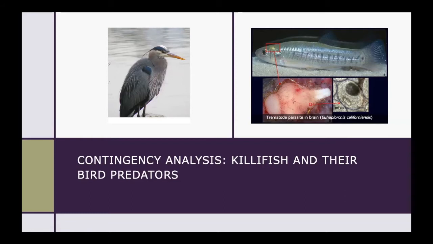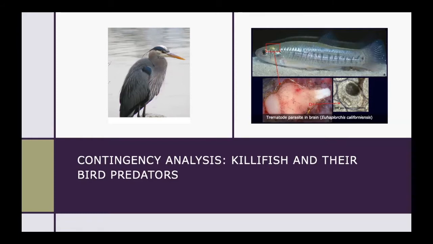Now, parasites do all sorts of amazing things, in part because they spend part of their life cycle in one host, but then in order to reproduce, need to get to a second or definitive host. And so parasites somehow have evolved remarkable abilities to control the behavior or influence the behavior of their intermediate hosts as a way to make those intermediate hosts more susceptible to predation by their definitive hosts.